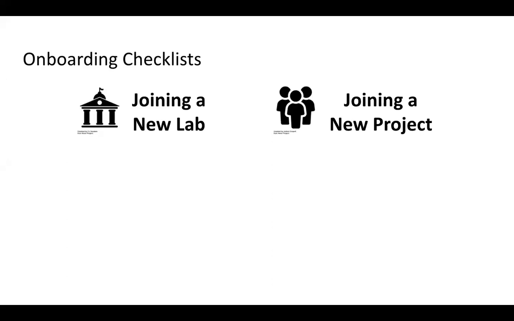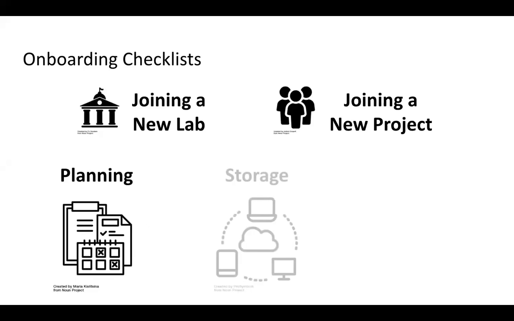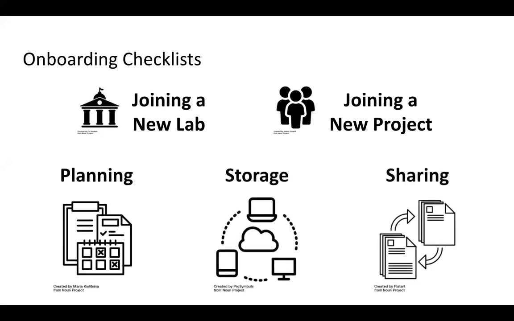And finally, there are three sections of our checklist: planning, storage, and sharing, which we will go through in detail. So you are really encouraged to follow along with your checklist that can be downloaded at the link. I put the link in the chat. So now I'm going to turn it over to Meghan to lead us through the planning section.